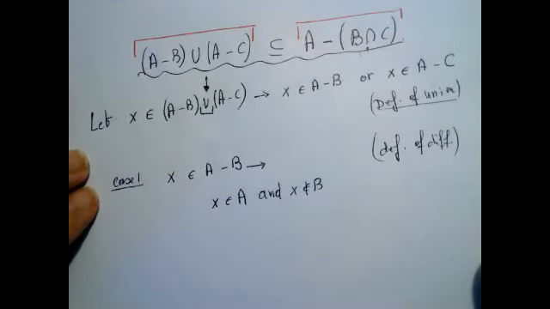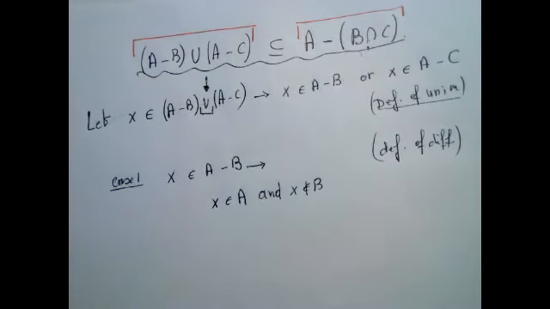Okay. And because X is in A and X is not in B, X cannot be in B intersect C. Correct. Because in order to be in B intersect C, you need to be in both B and C. And it's not in B.